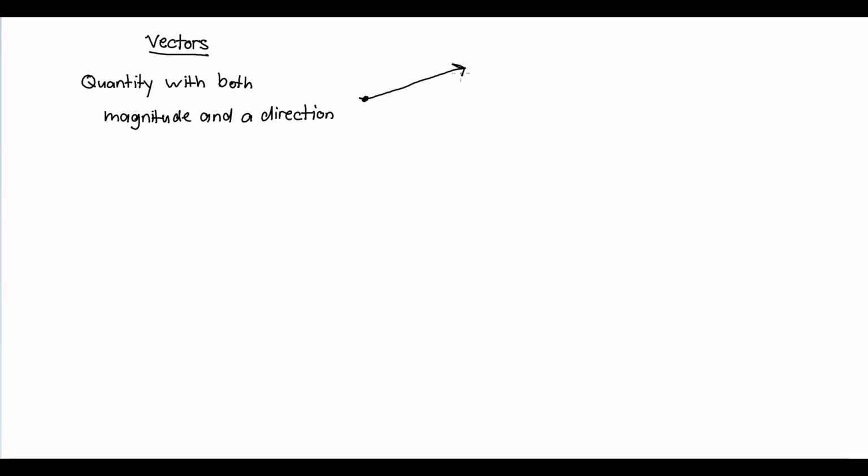So pretend this is vector A, and we write the names of vectors. You write vectors mathematically as vector A with an arrow on top. So this is vector A. That is vector A. Okay?